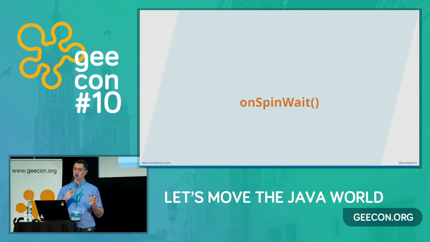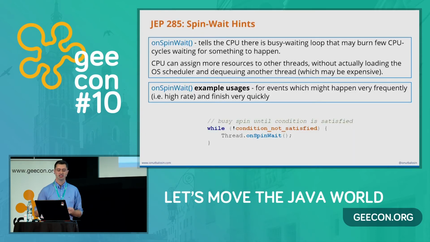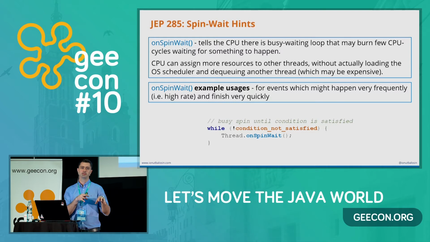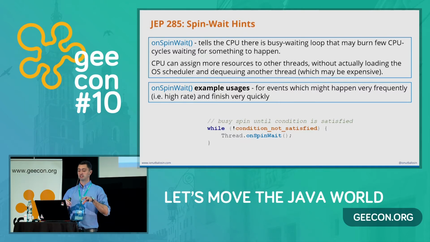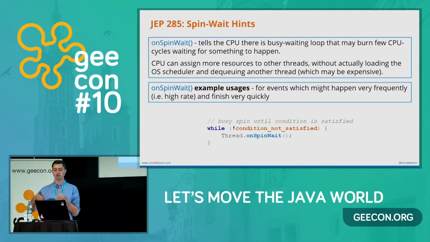The next one is onSpinWait. This is quite interesting because it was added in JDK 9 and it belongs to the Thread class. What it says, basically, is that onSpinWait fits very well in a context where you busy spin inside a loop, waiting for some external event to happen. I will get back to the internal details of how it works, but it is very useful when, for example, the rate of events is very high and each event happens and finishes very quickly.